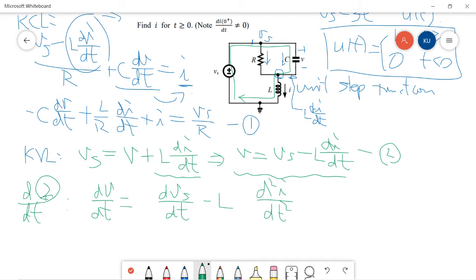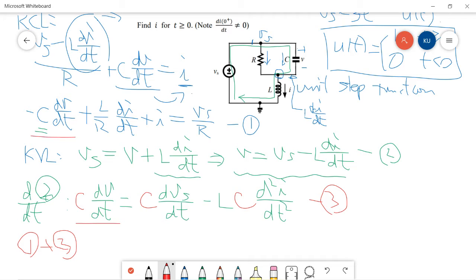And then we can see that we have C here, so we multiply this one by C, so we have an equation like this, and then we can add 1 and 3 together, so that this term and this term are cancelled.